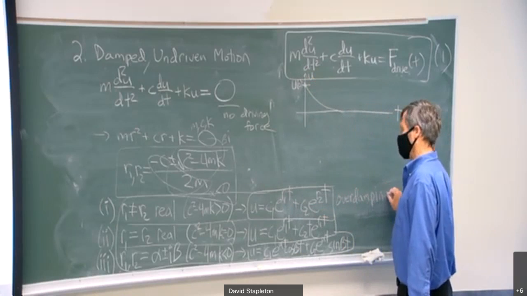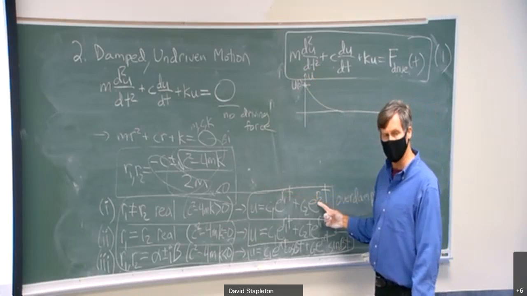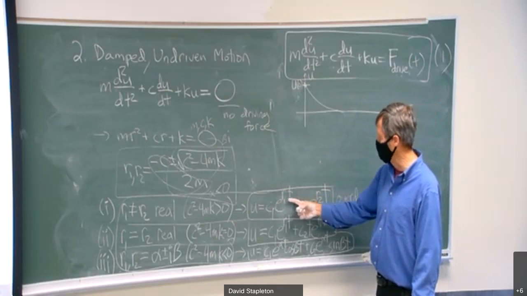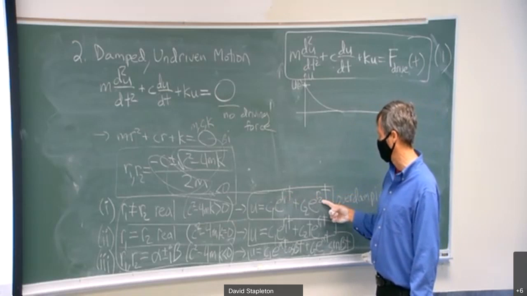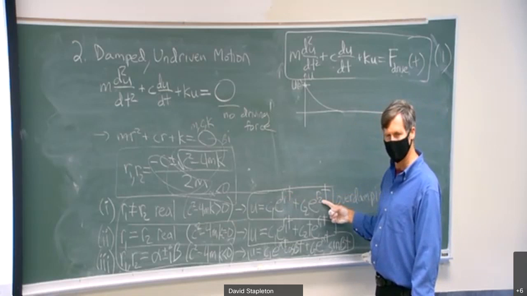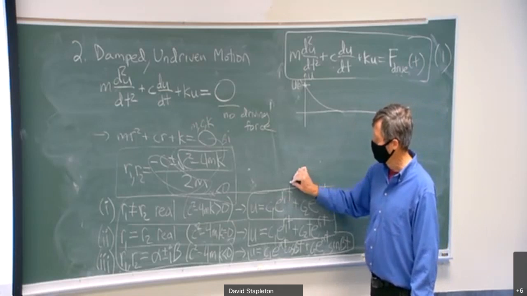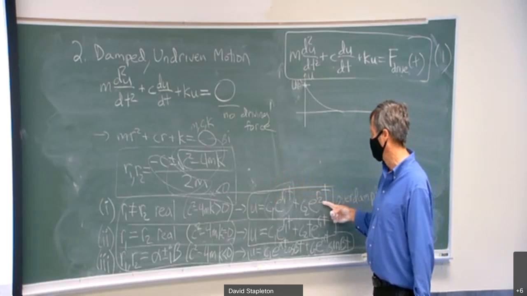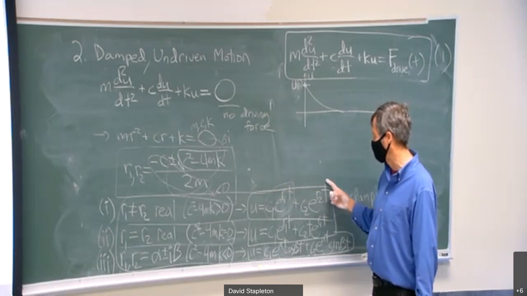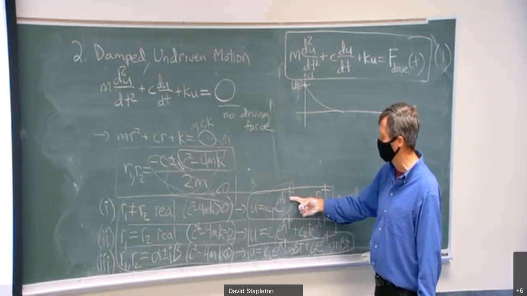But what happens is one of these is more negative than the other. Whichever one is the least negative dominates, right? Like if R1 is -1 and R2 is -2, which one dominates? This one with R1 equals -1 because it decays slower, right? The more negative R is, the faster it decays. So this one decays out much faster than this one.